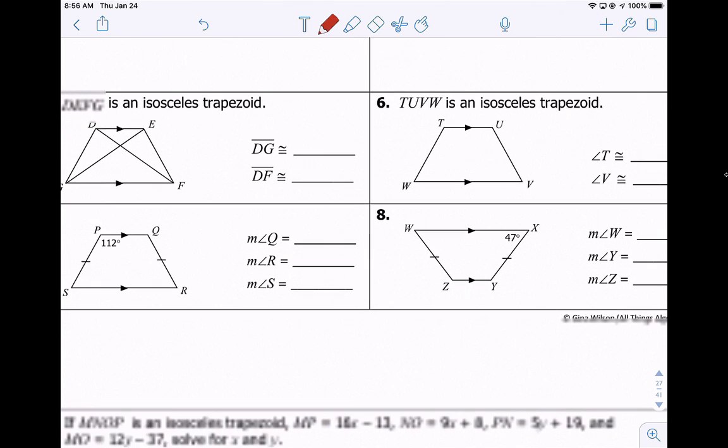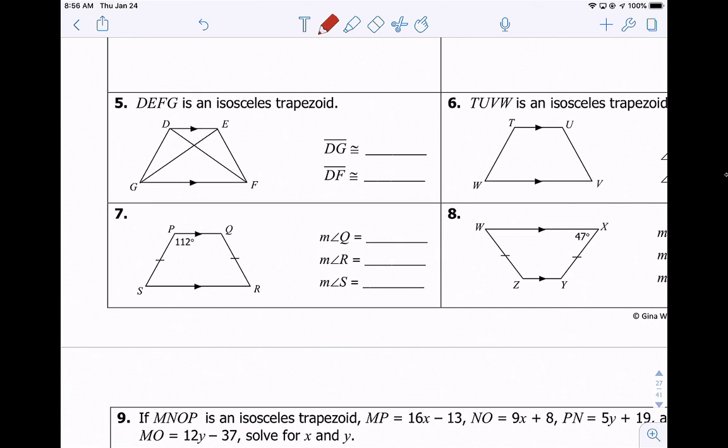You'll do that later. All right, let's move on to isosceles trapezoids. Now, if you look back at the notes, there's quite a few more things you have to remember on these. And as far as the sides go, I know that DG has to be congruent to the opposite side, which in this case for this trapezoid is EF.